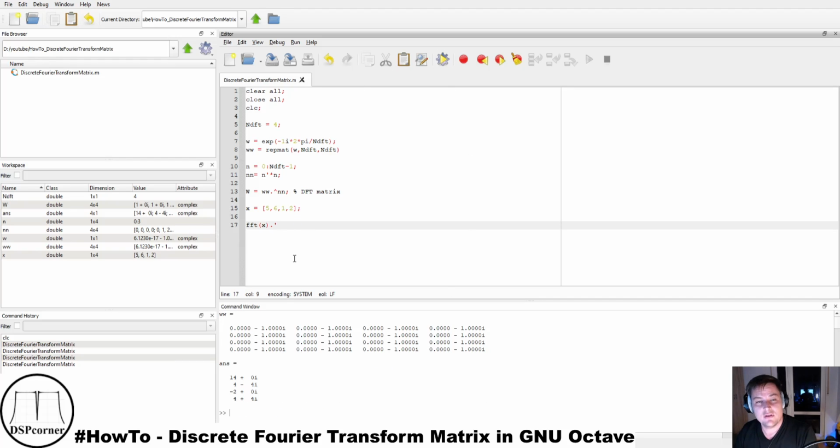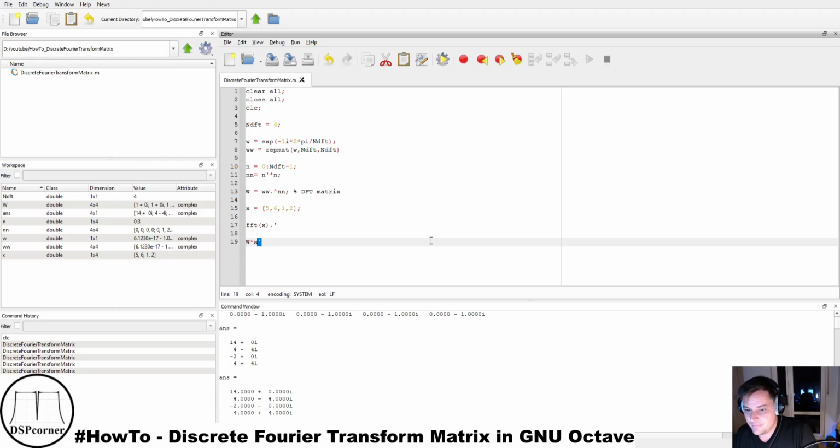So this is the FFT of our signal X. And now let's see if we will get the same result if we apply our matrix W to our signal X. Therefore we only type W times X, and in this case X transposed, because we have an n times n matrix and we have to multiply it with a column vector, and X is a row vector, so we have to force X to be a column vector.